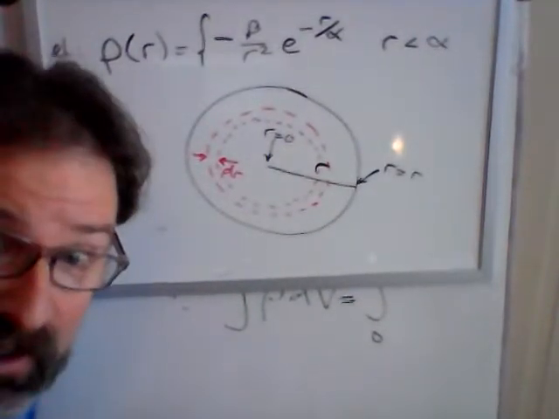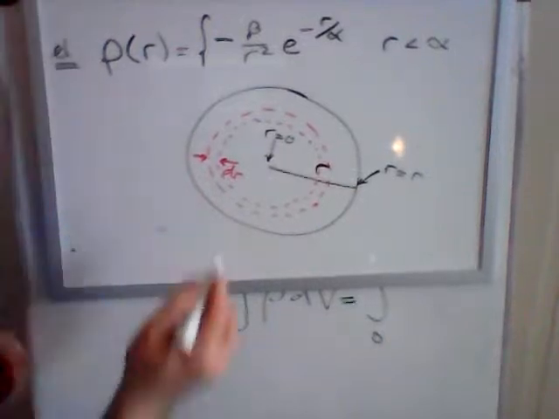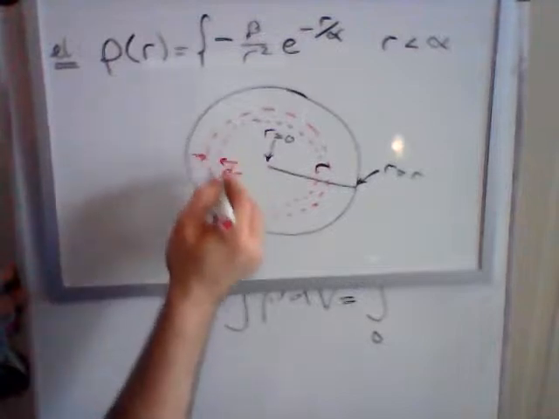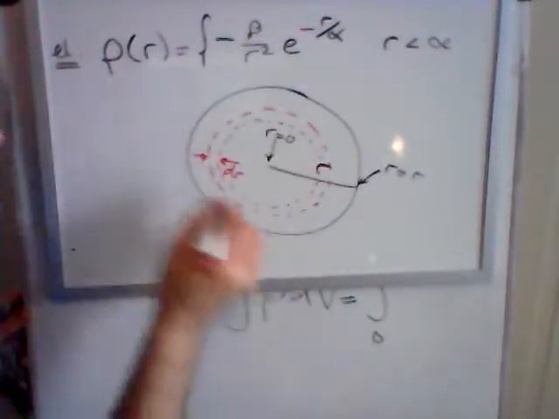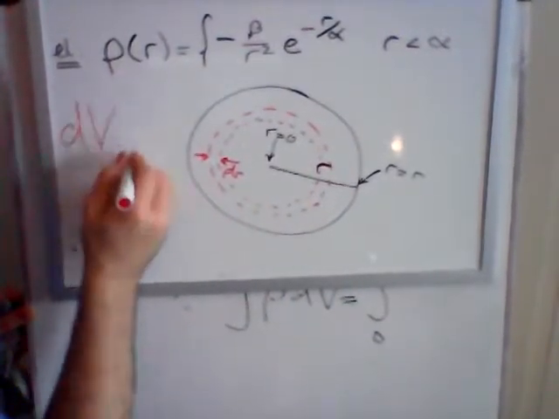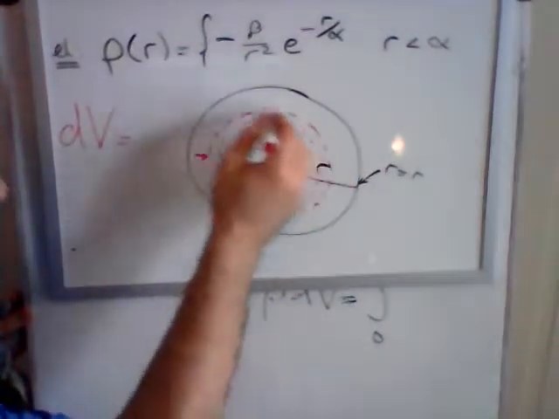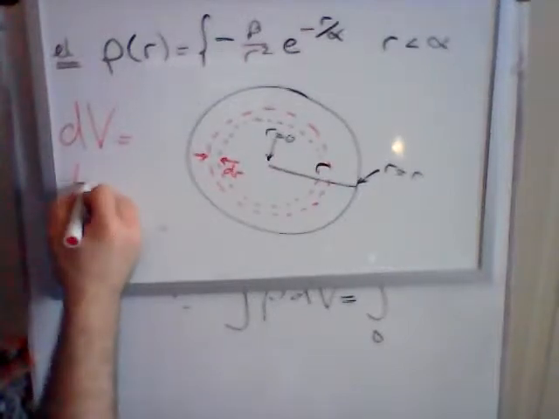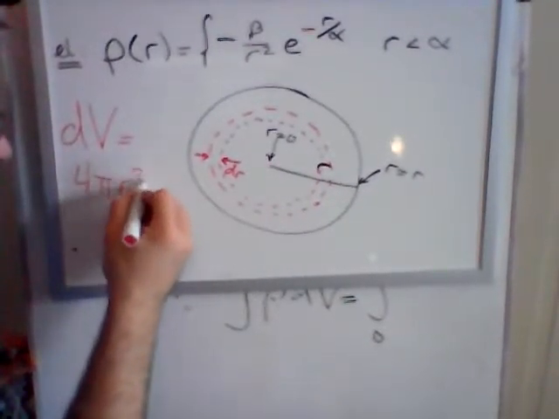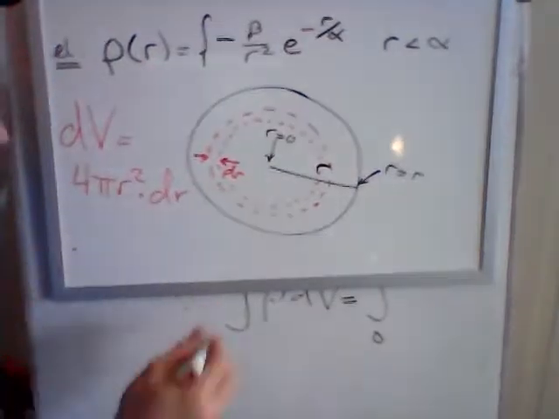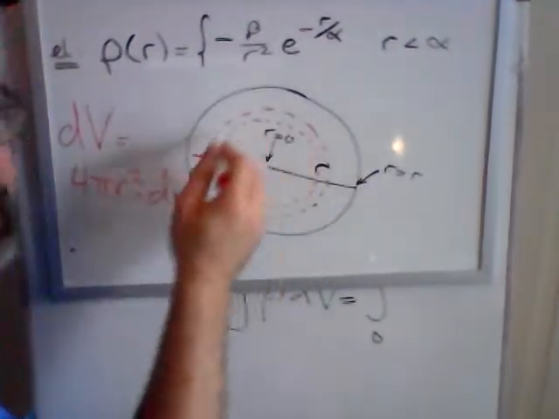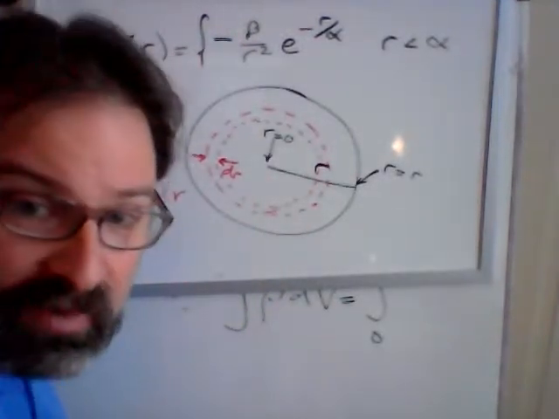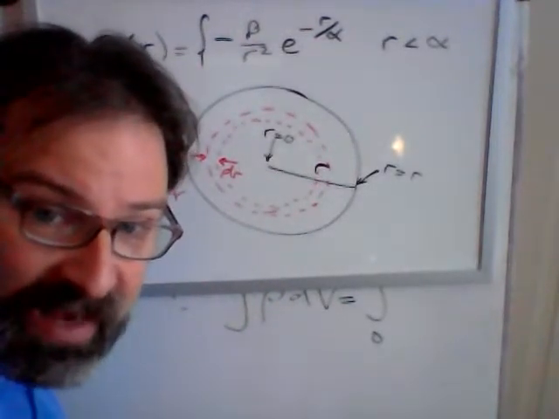The width is dr, and of course the volume of this skin, that would be dv, and dv would be the surface area times dr, 4 pi r squared times dr. This is the surface times its width, which is the total differential volume of that onion skin.